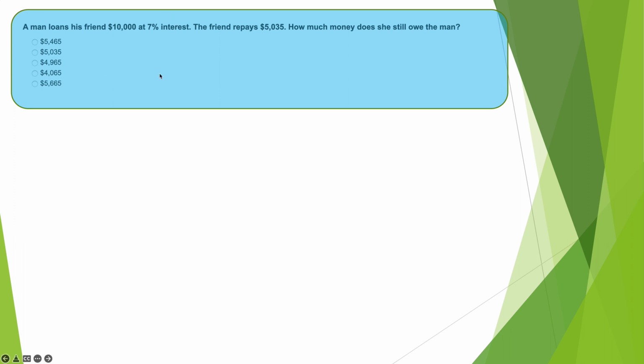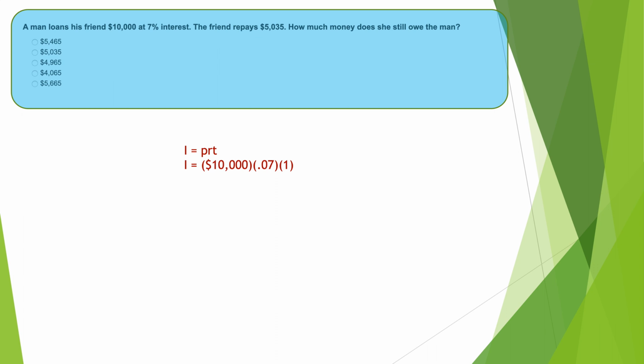Okay. So, this is a simple interest situation. I'm basing that on the fact that it's a man loaning to his friend. So if I compute the simple interest, I equals PRT. That's 10,000 times 0.07 times, I am assuming 1 year here, okay? I checked the numbers with 1 year, one of the choices works. So that's why I'm assuming 1 year.